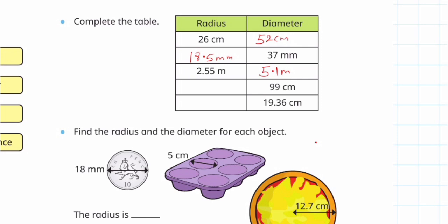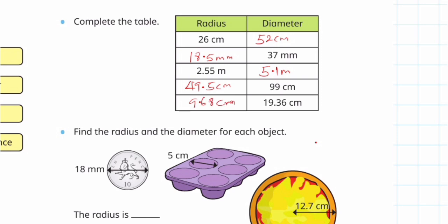Would it be 49.5? 49.5, yes, centimeters. What about the last one? 19.36 divided by 2. So that gives you what? 9.68 centimeters. Okay?